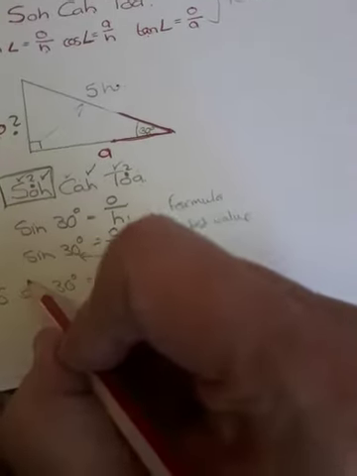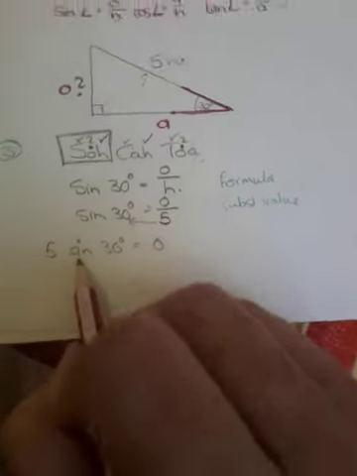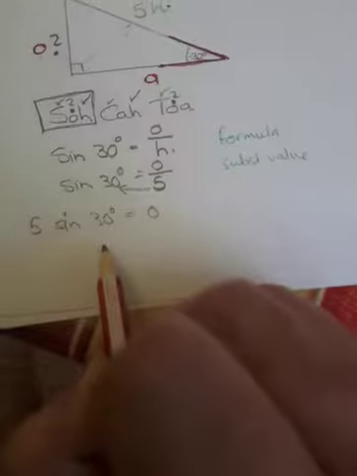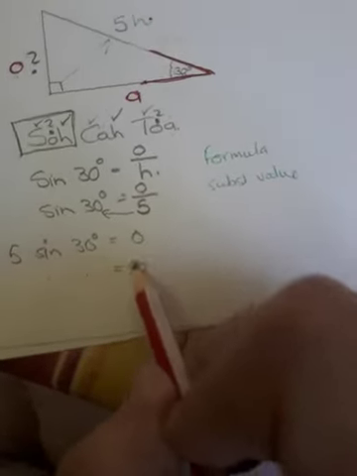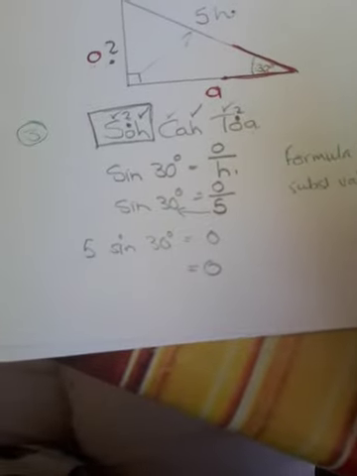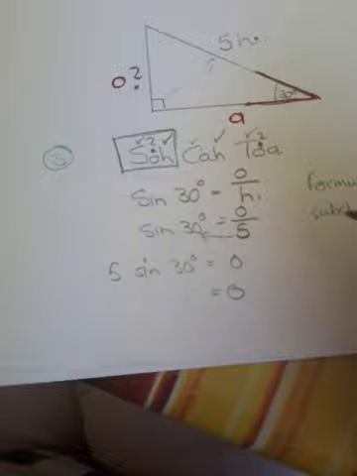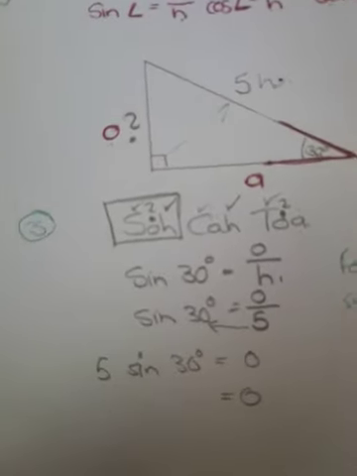And that, people, you put into your calculator. You will see that you've got a key which is called sin. So you simply put into your calculator 5, then sin, then 30 degrees, and that equals O. Unfortunately, I don't have the answer and I don't have a calculator. Let me just quickly check.